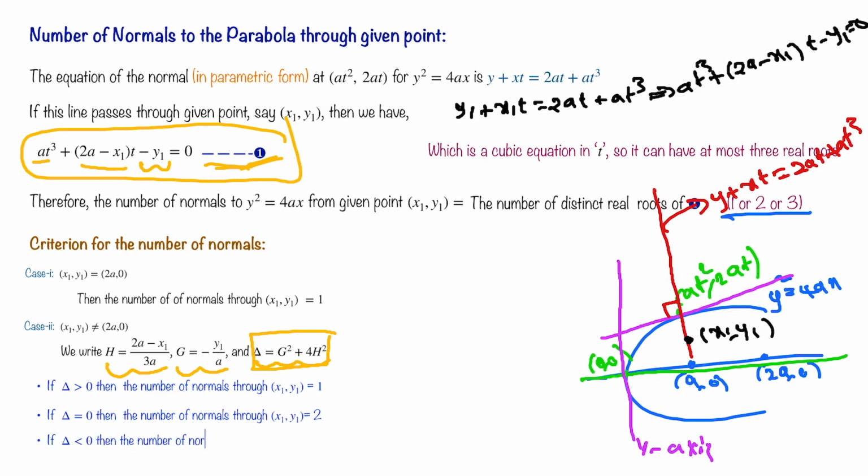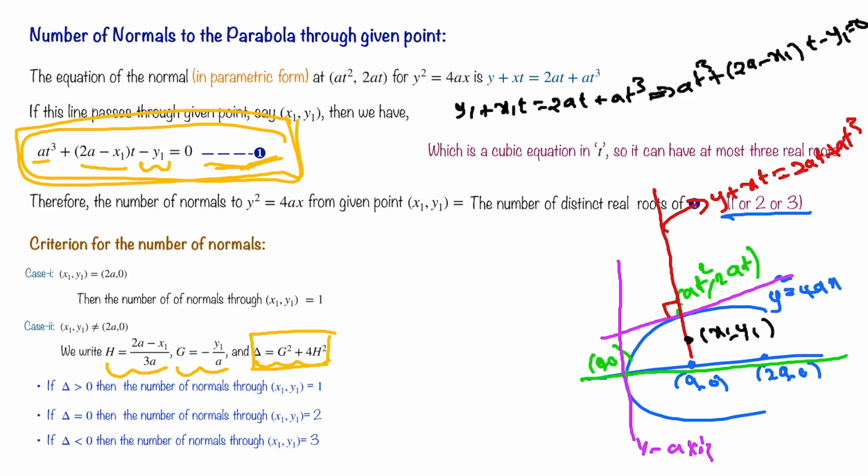If delta is negative, then the number of normals through (x1, y1) is 3, because the cubic equation has 3 distinct real roots.